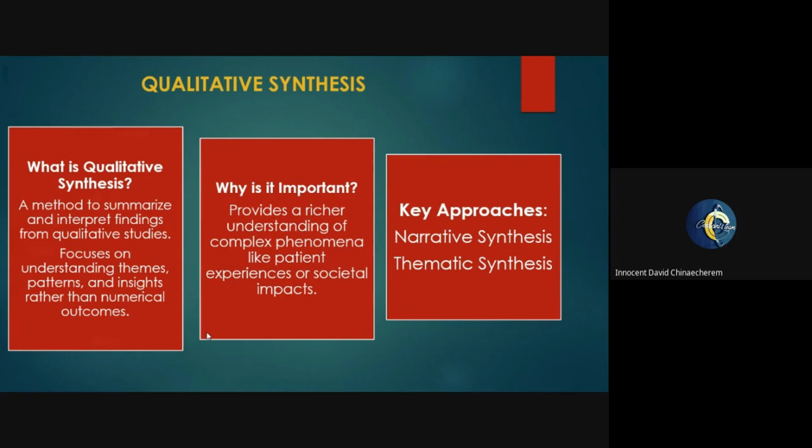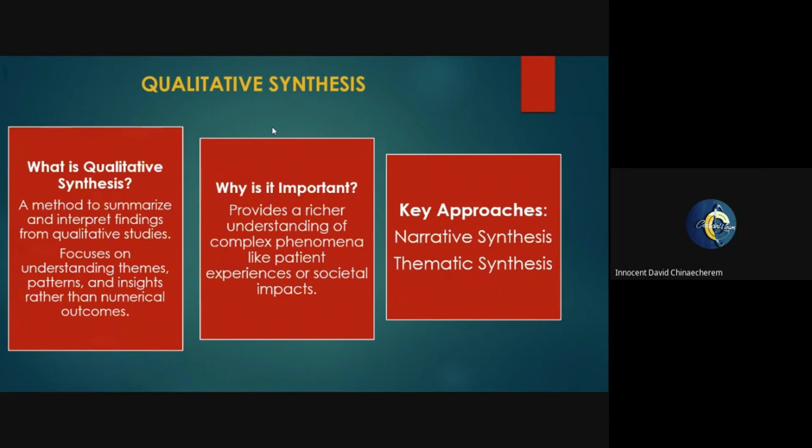And that is why qualitative synthesis is a method that we use to summarize and interpret findings from qualitative studies. This is where we focus more on understanding some of the themes, the patterns and some of the insights that are in those papers. Let's say, for example, we're looking at a study on the prevalence of malaria. We're not just looking at the data on prevalence now.